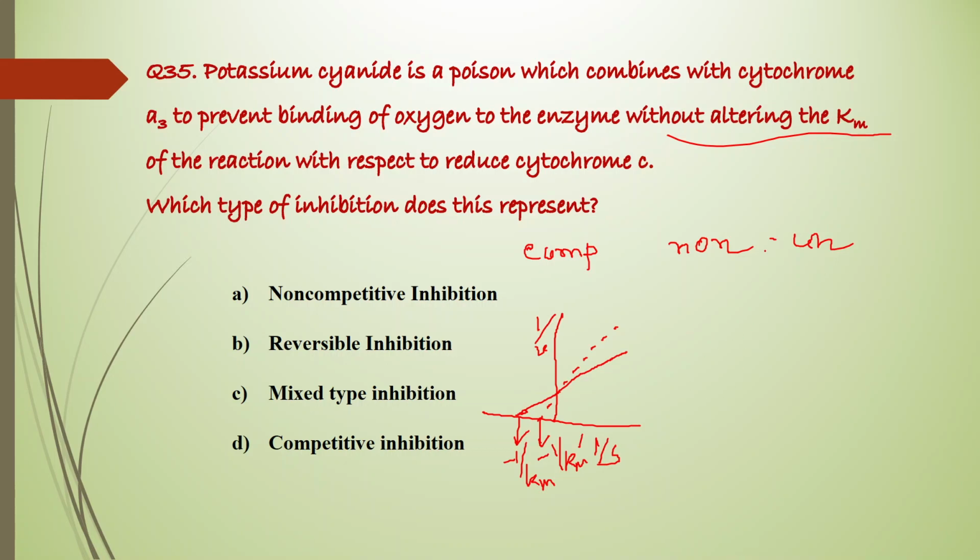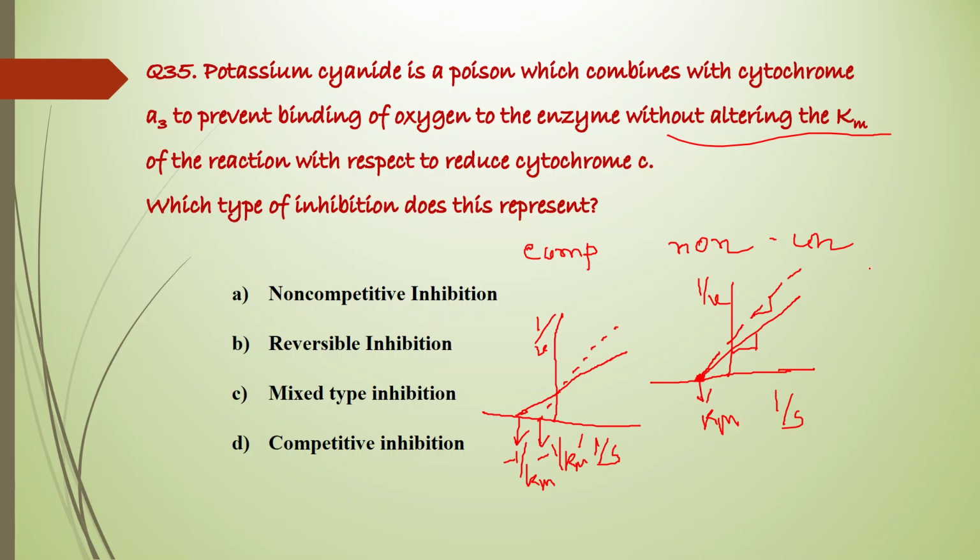For non-competitive inhibition, how does the curve look? I have just explained. Again, 1 by V versus 1 by S. Your curve looks something like this after adding the inhibitor. The Km value does not change, but the Vmax value does change and the slope gets changed.